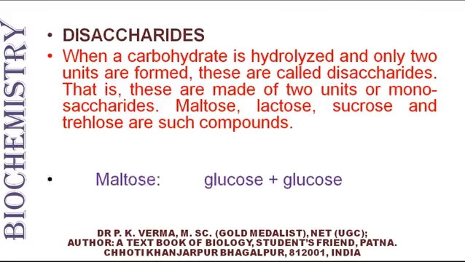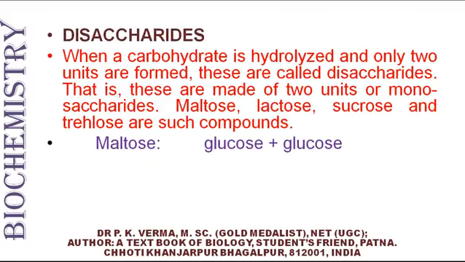Now, when two monosaccharide units join together, a glycosidic bond is formed between them and a disaccharide is formed. Maltose is the most common disaccharide. It is produced by hydrolysis of starch and glycogen by the action of the alpha amylase enzyme.